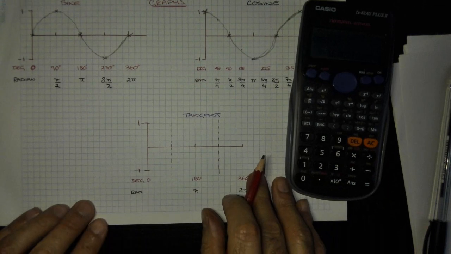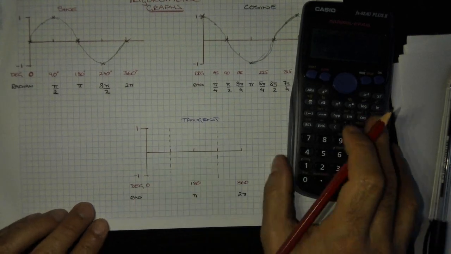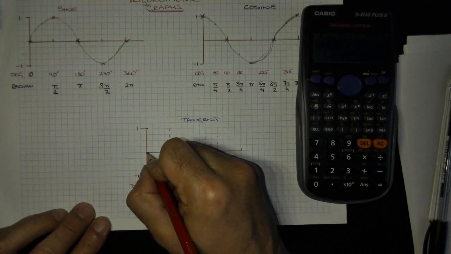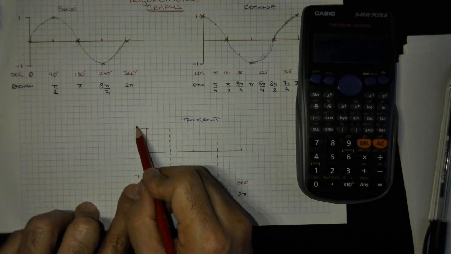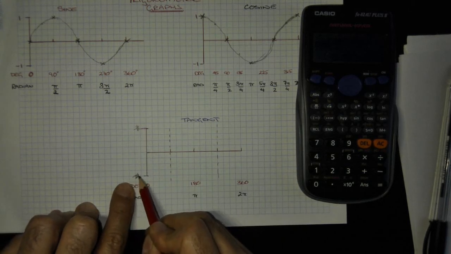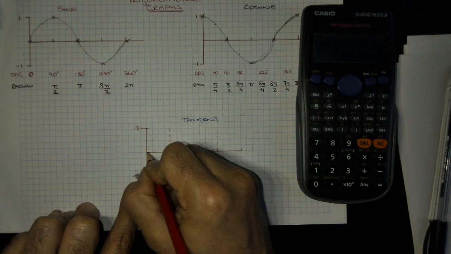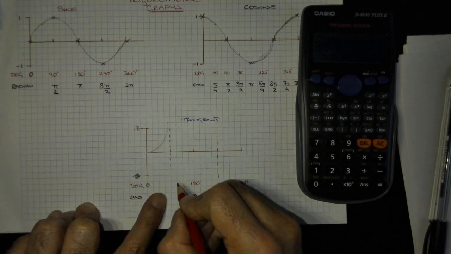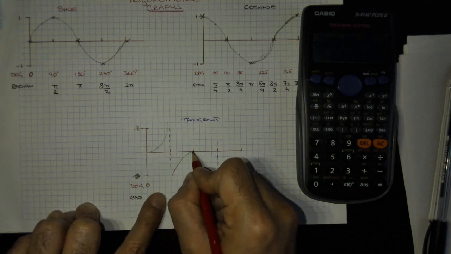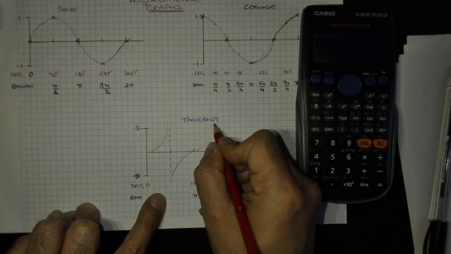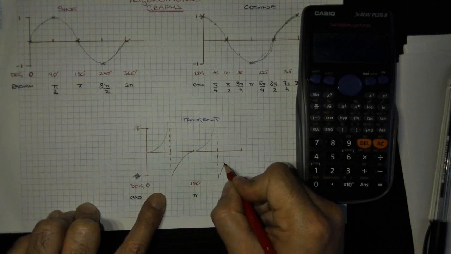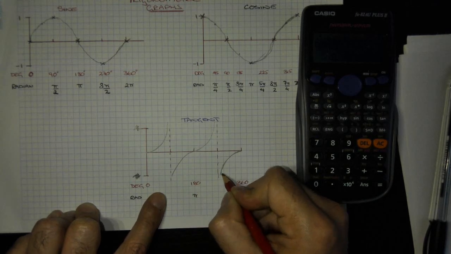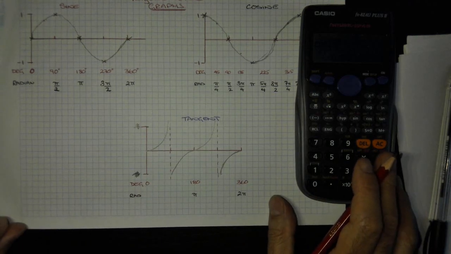Okay? And the tangent, you could do the same with your tangent, and it basically works out to be, these numbers don't exist. The curve comes up like that, and that's basically from our unit circle.